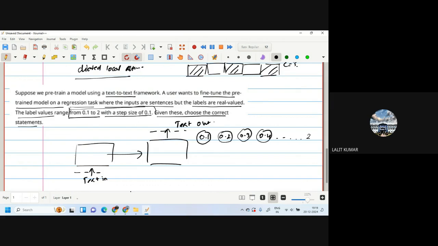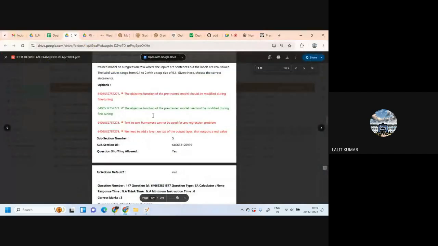It is not a continuous value. Therefore, the objective function does not need any modification. So the second option is the correct option: the objective function of the pre-trained model need not be modified during fine-tuning.